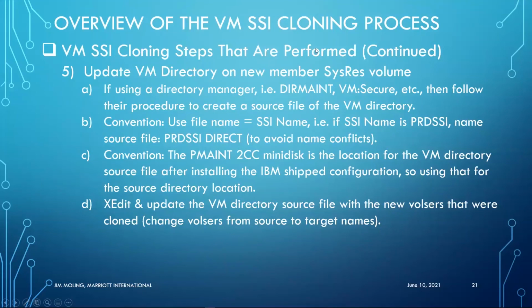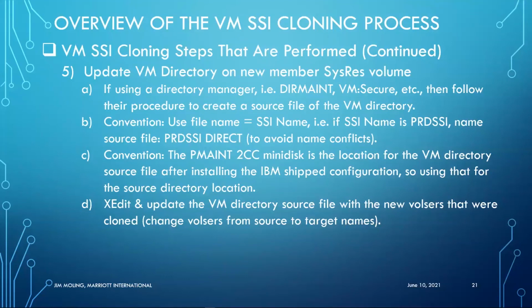You have to find out what the procedure is, depending on what you have, to create a source file of the VM directory. Because typically with DirMaint or VM Secure, it has its own internal way of managing the directory, and you don't have this monolithic source file.